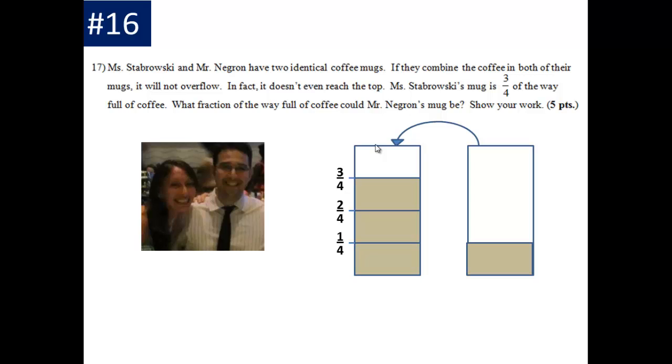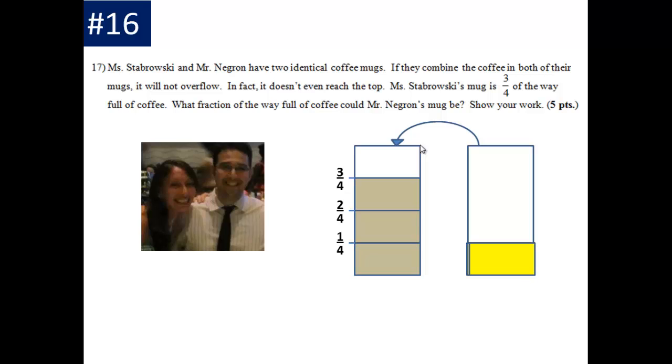But if you look back at the problem, it says, look over here. In fact, it doesn't even reach the top. Therefore, 1/4 is wrong because 1/4 would perfectly reach the top. And there needed to be an amount of coffee in my mug that did not reach the top.